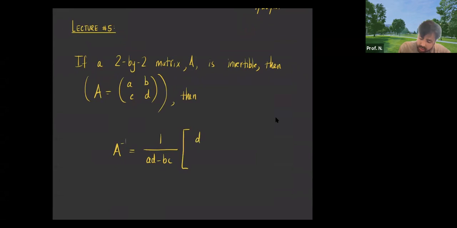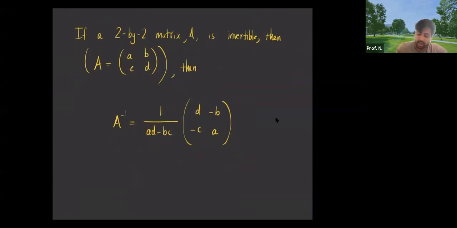This is D, A, negative B, negative C. The entries on the diagonal are switched, and the off-diagonal entries are made negative. We multiply by a scalar, 1 over AD minus BC.